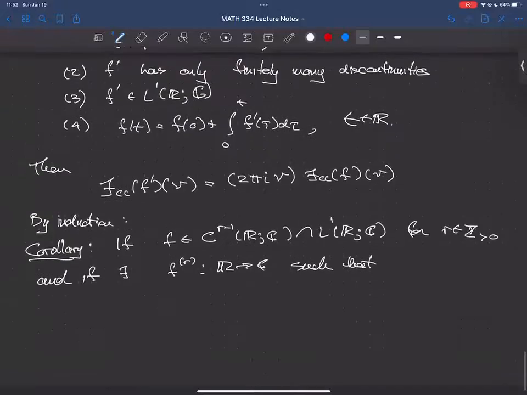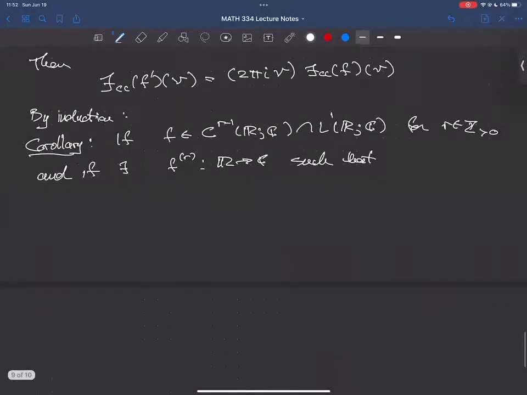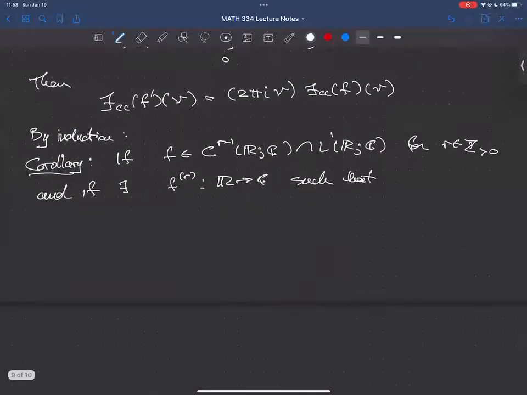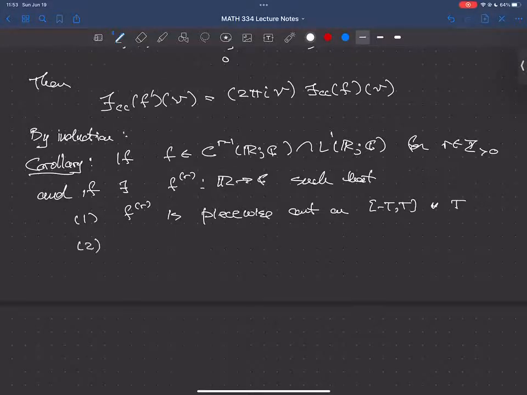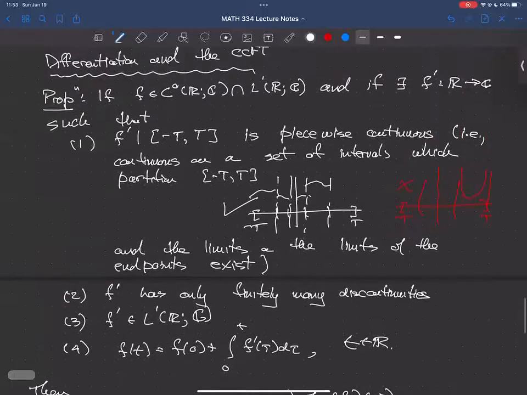f_r is piecewise continuous on minus t to t for every t, just as above. I think I forgot to say here, this has to be true for every t.